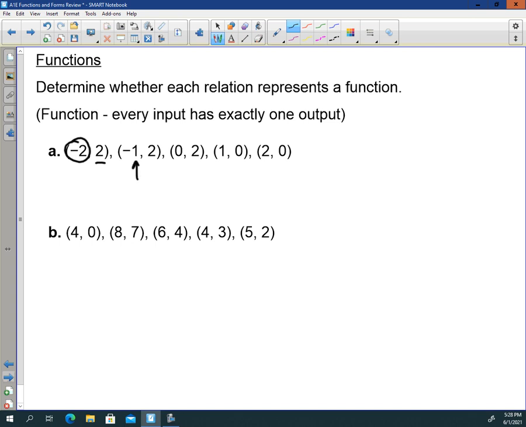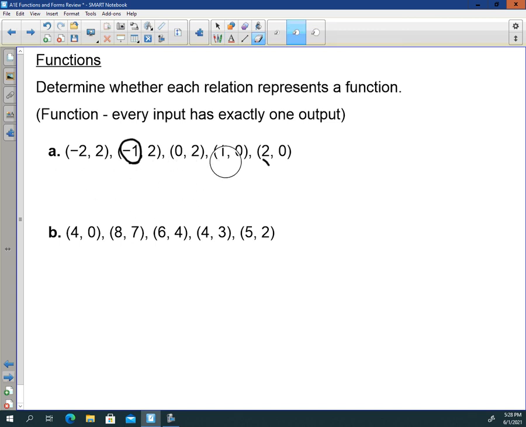It's not here, it's not there, it's not there, and it's not there. So we checked out -2, it seems to work. When we look at -1, we can see that it has an output of 2. That's okay. Is there another -1 in this list? Well, that's not -1. That isn't, that isn't, that isn't. And so far we're good.